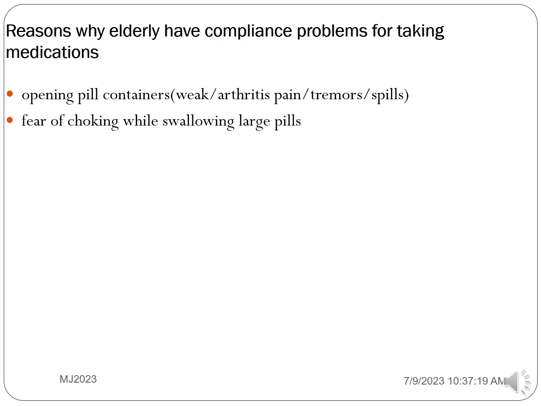Okay, so older persons also may have fear of choking while swallowing large pills. So the next time when they're supposed to take medication, they refuse to take it. They may have problems reading the labels or information.